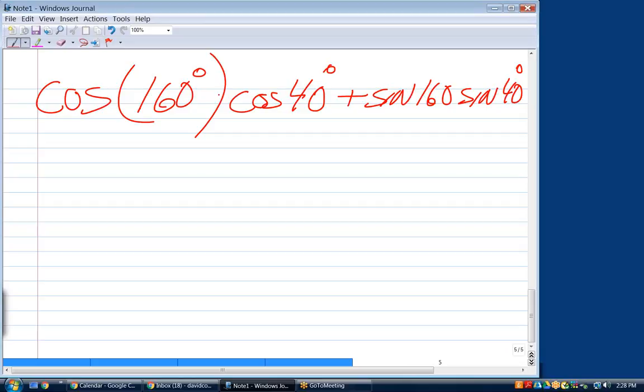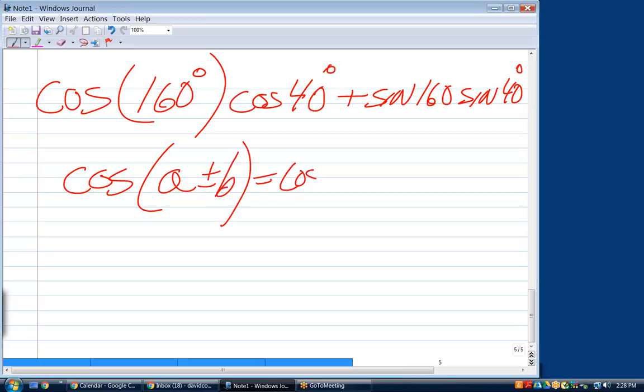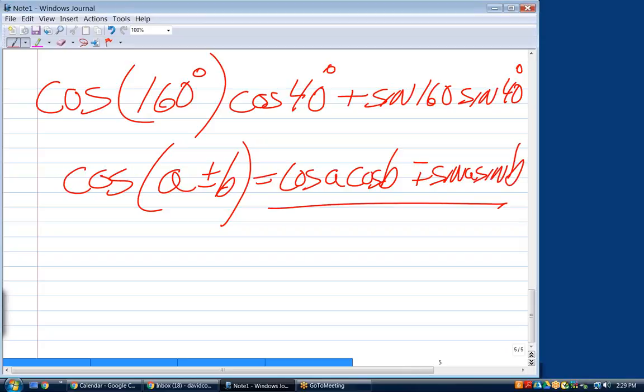In other words, they're giving you the right side of the equation. If the cosine of A plus or minus B equals cosine A cosine B minus or plus sine A sine B, they've given us this.